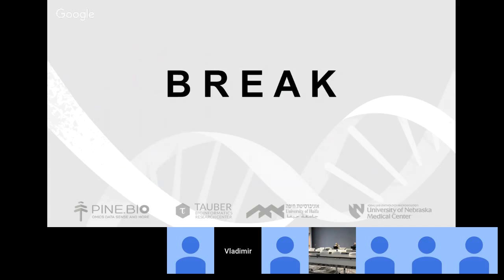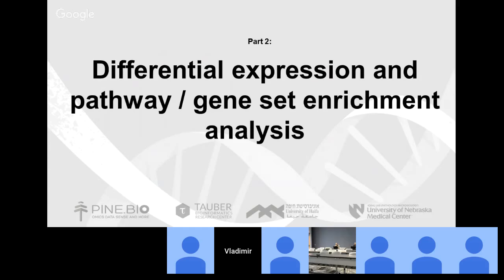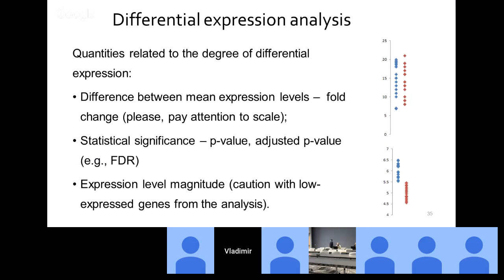So while we still have our attention, let us briefly discuss standard ways for differential expression analysis and touch on pathway and gene set enrichment analysis. So in many cases, samples can be initially divided into several groups, in the simplest case, just two groups.